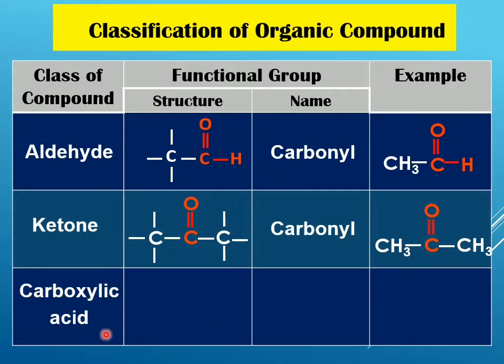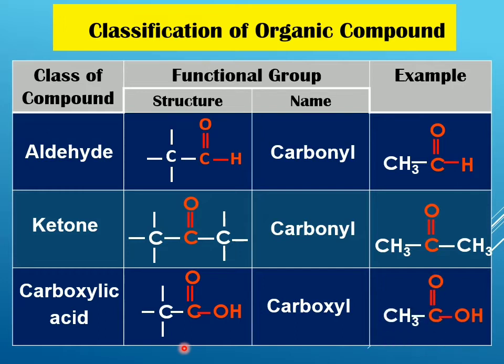And for carboxylic acid, its functional group is made of C double bond O, OH. It is named the carboxyl group. For example, ethanoic acid.